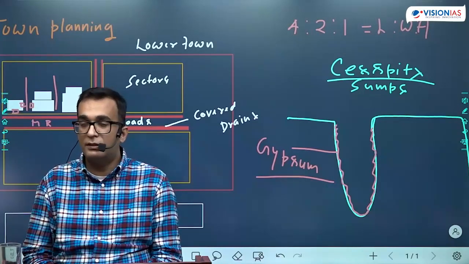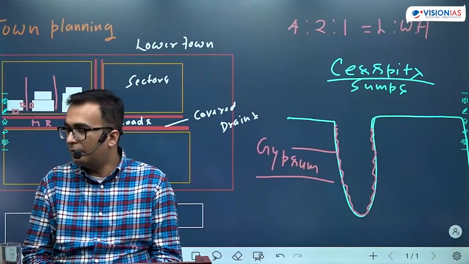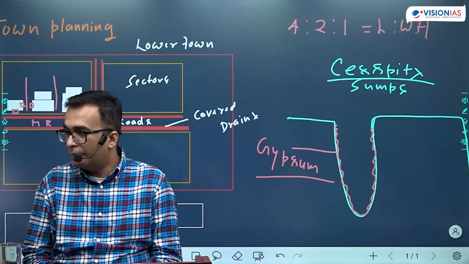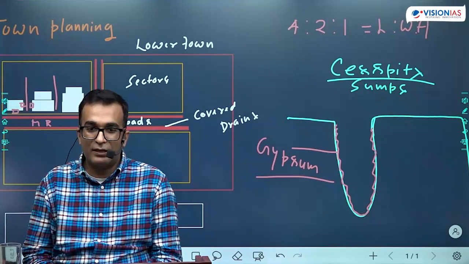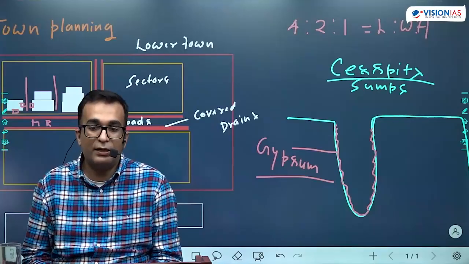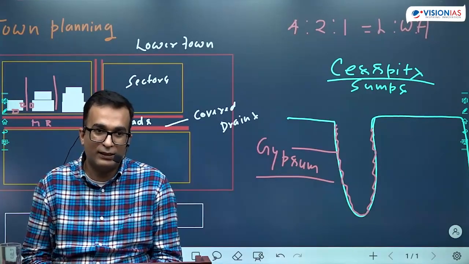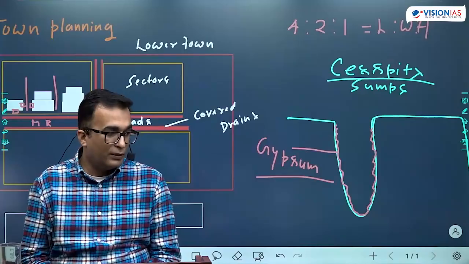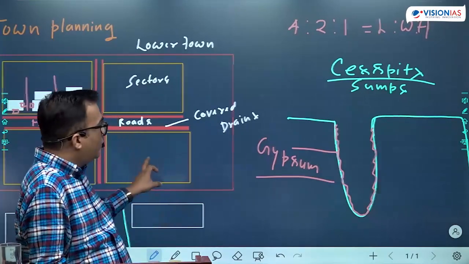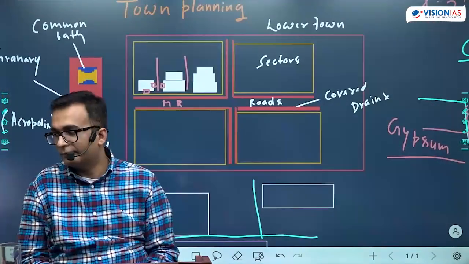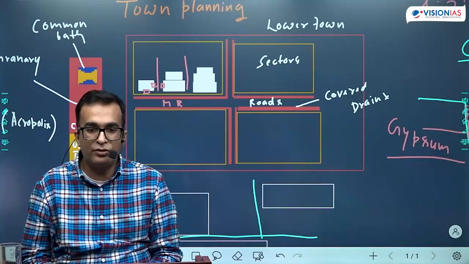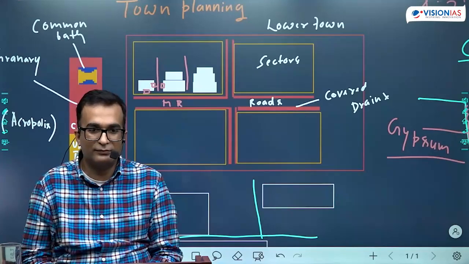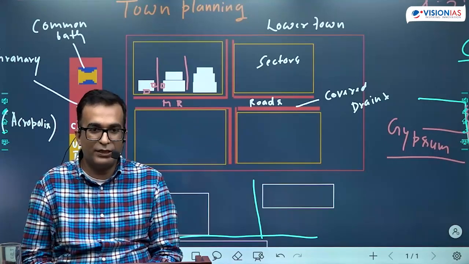Some of the houses had their private wells. Okay. Then mention all the houses were connected with main drain.